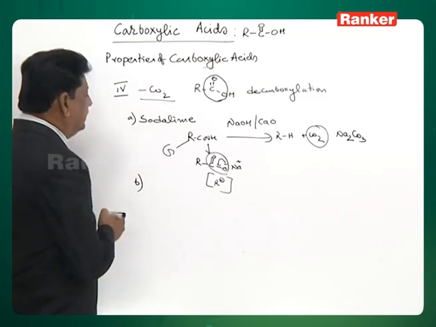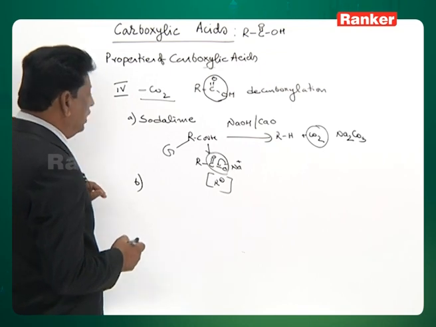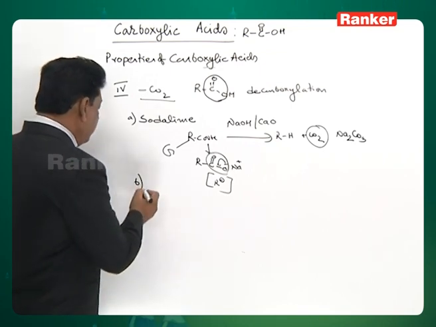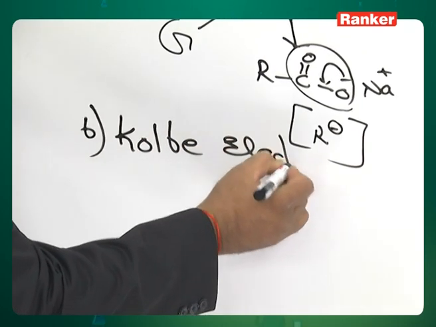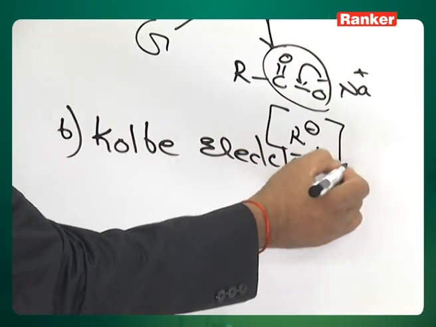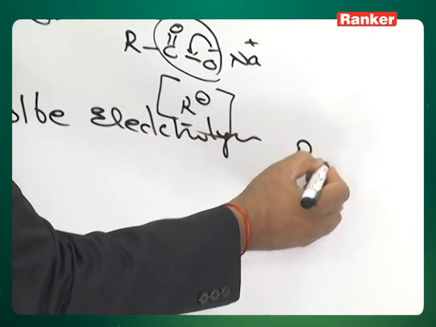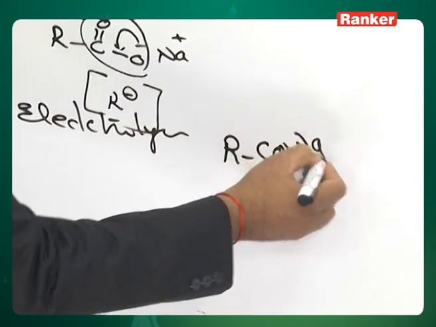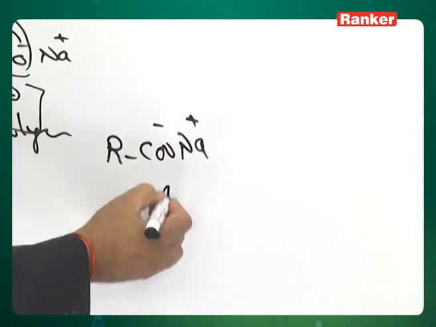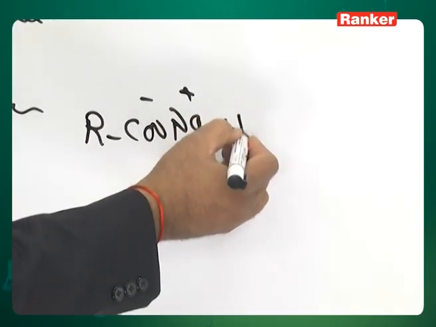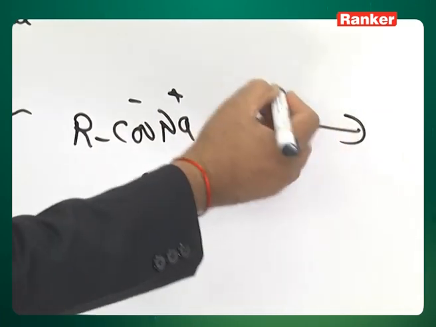The second one, instead of soda lime, is the Kolbe electrolysis. In this Kolbe electrolysis also, RCOO-Na, a salt, is taken and dissolved in water, an aqueous solution, that means in the presence of water, electrolyze it.